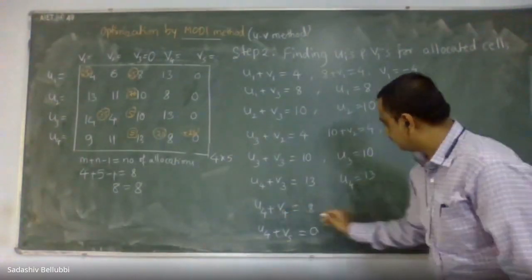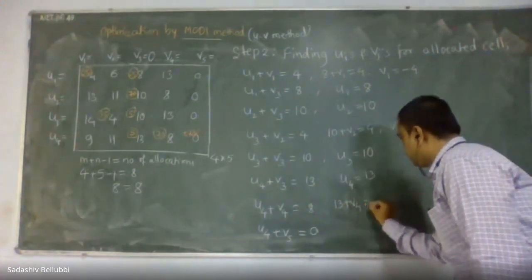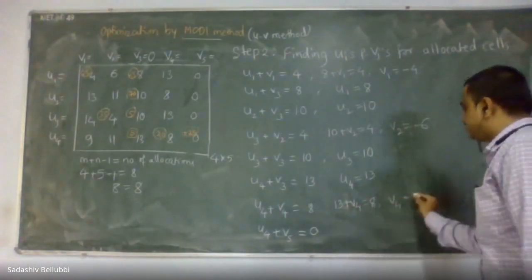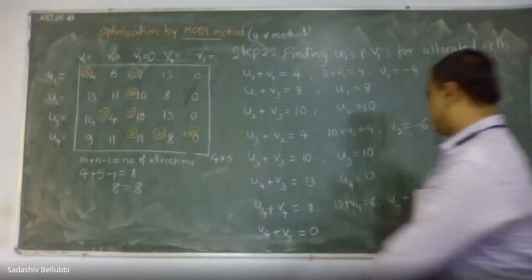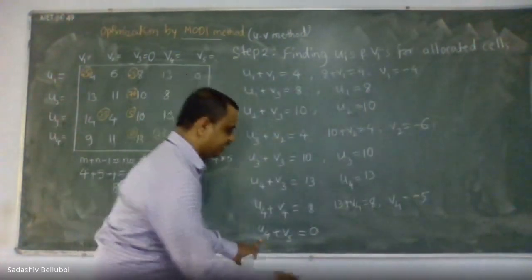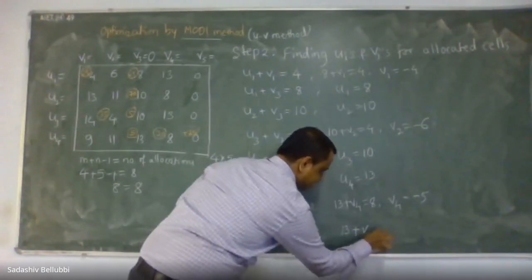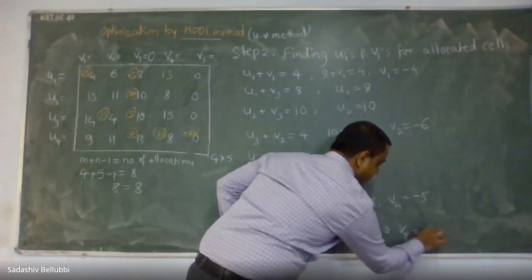Next, u4 is 13, so 13 plus v4 is equal to 8, which means v4 equals 8 minus 13, minus 5. Last one, u4 is 13, 13 plus v5 equals 0, so v5 is equal to minus 13.